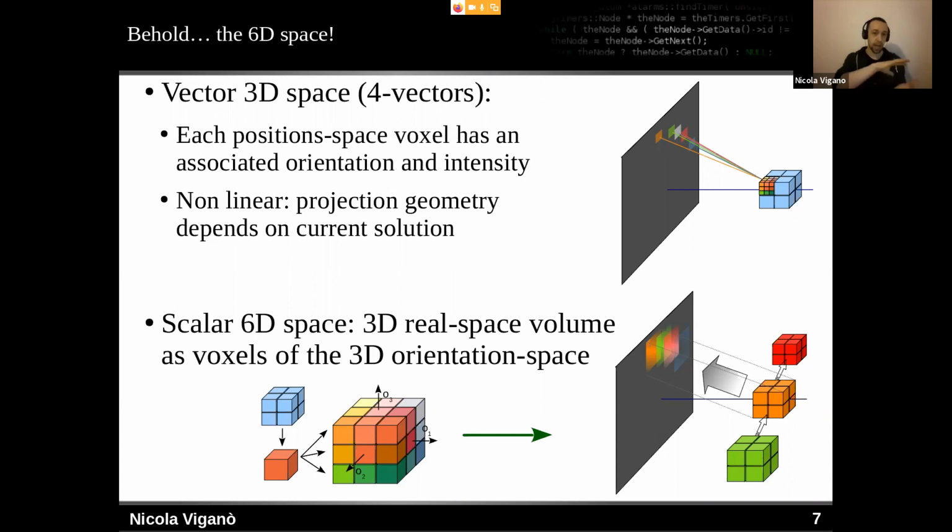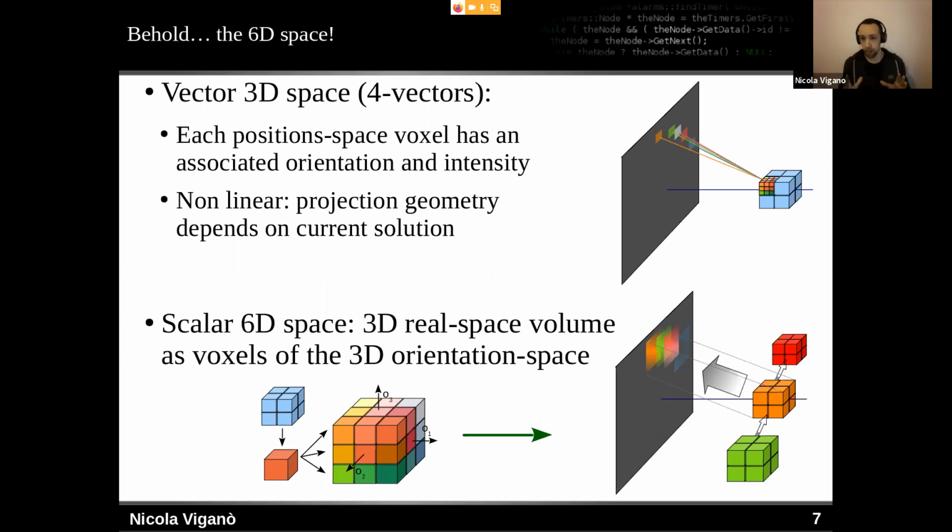So if we instead expand those three unknowns into a 3-dimensional space, we get a scalar 6D space representation. And in this case, we have an associated volume for each real space volume for each sampled orientation in the 3D orientation space. And for those volumes, the geometry is fixed, okay?